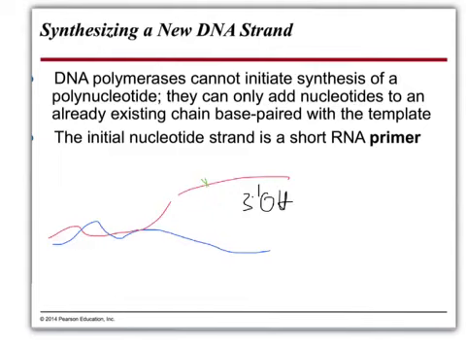Primase comes in here and produces an RNA primer, which then leaves that 3' OH. So a short, maybe 5 to 10 nucleotide RNA primer will provide a 3' OH that DNA polymerase can then recognize and begin producing DNA.